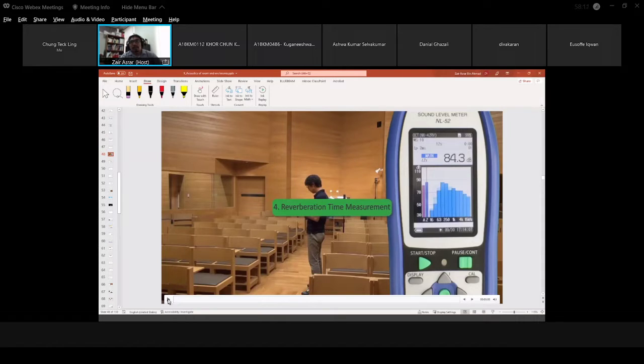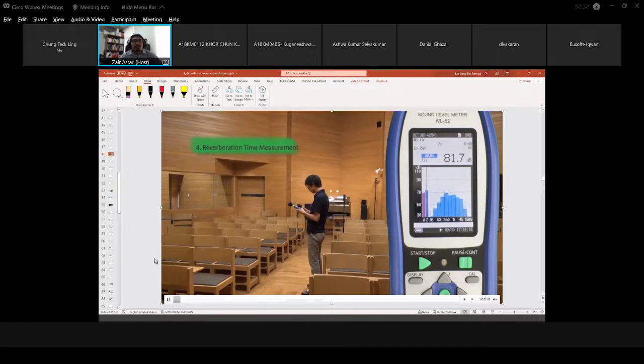This is one example of reverberation time measurement done in a hall. Of course, we will not be doing the measurement at one location. We will do the measurement at multiple locations, and we will repeat the measurement so that we will get an average value for a particular space.